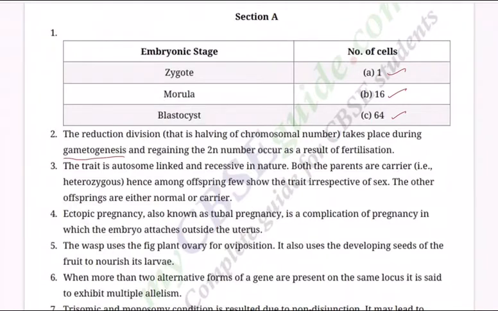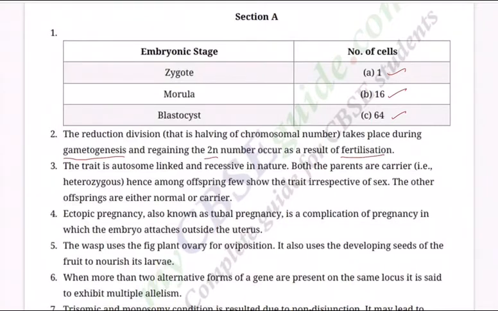Genesis means taking birth, gametes taking birth, sperm and ovum. And regaining the 2n number occurs as a result of fertilization. So sperm and ovum will have n number; 2n becomes n, and n numbered sperm and n numbered ovum join together, fertilization takes place resulting in zygote. Zygote regains the 2n number. That is the thing.